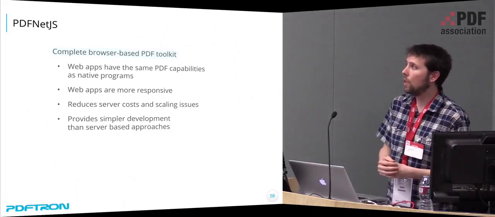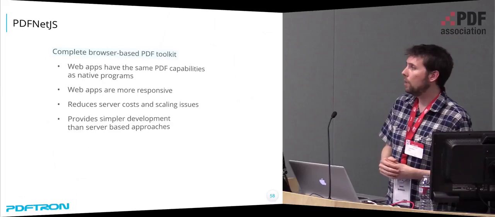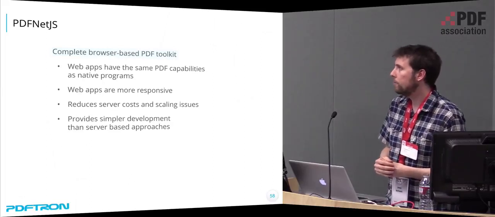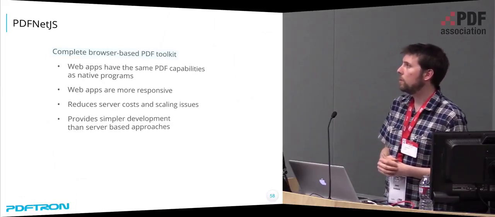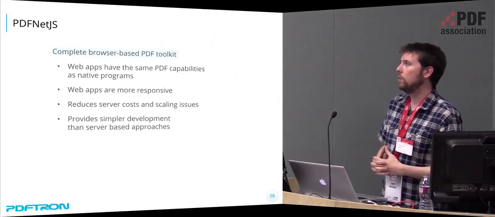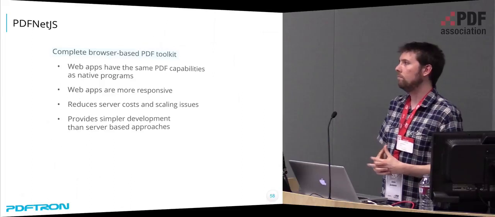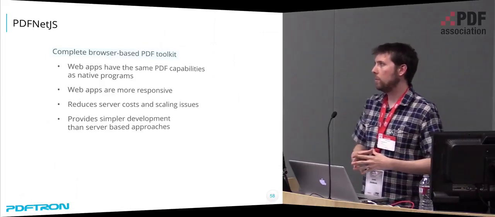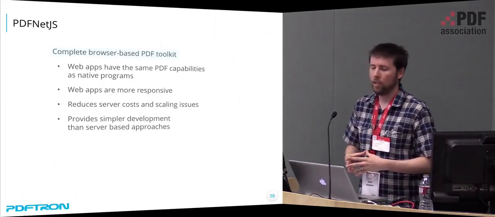You reduce your server costs and scaling issues, at least for PDF reasons. It's pretty much reduced to 0 for that. And it's far simpler to develop for. It's far nicer. Developers will just be more productive and create less broken products.